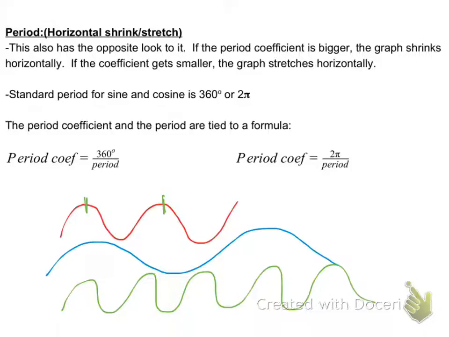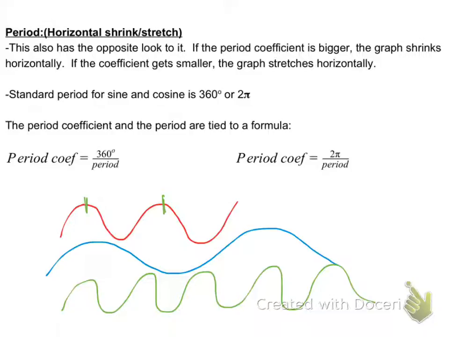Okay, that's how you would find it. What happens if you're, again, testing from here to there, and you found out it's 180 degrees? Your period coefficient then is 360 divided by 180, which is 2. So 2 would be your number.